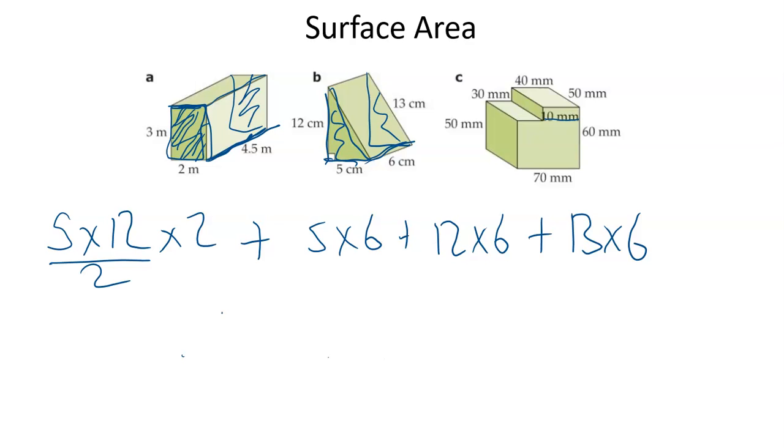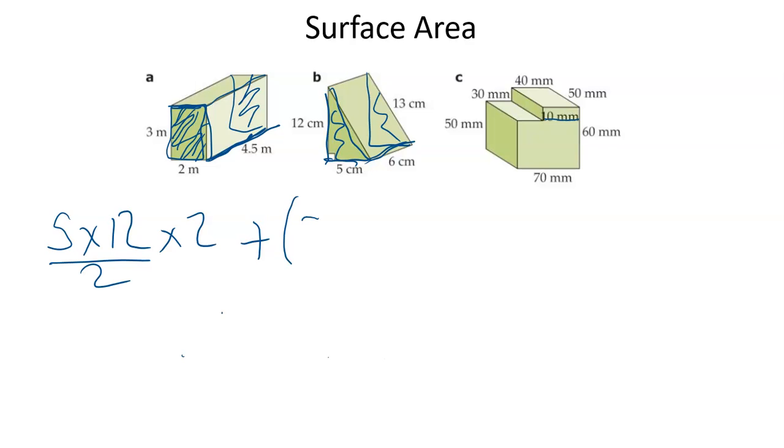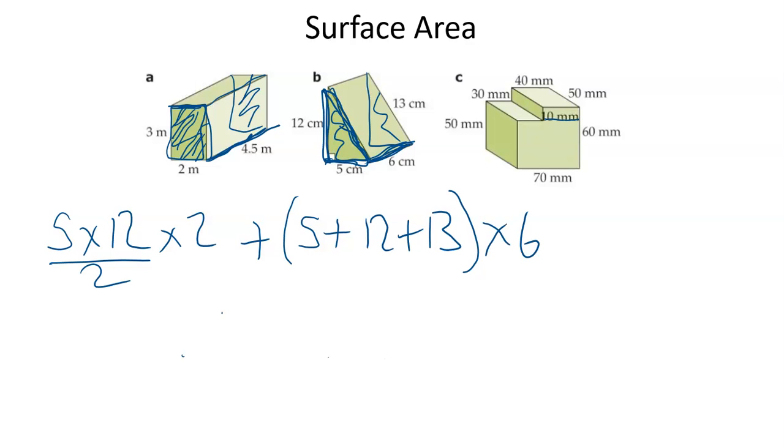Or you can simplify this and say 5 plus 12 plus 13, the perimeter going around that cross-sectional area there, the perimeter times the length, just like that. And just type that in. Again, we can cancel the 2's, didn't do that before, and so just typing that into the calculator is going to give you your answer.